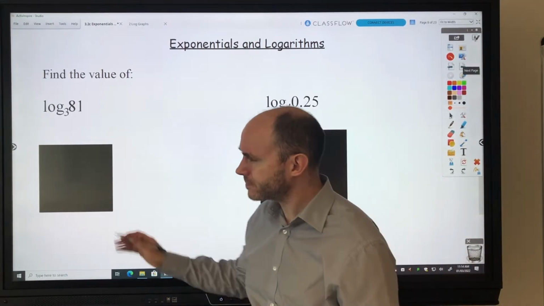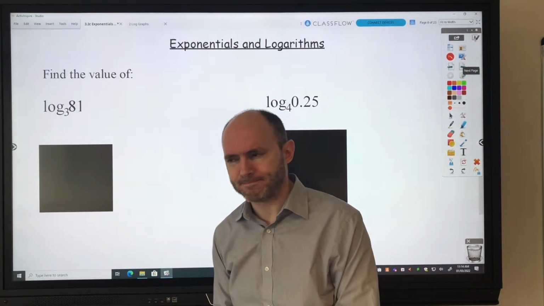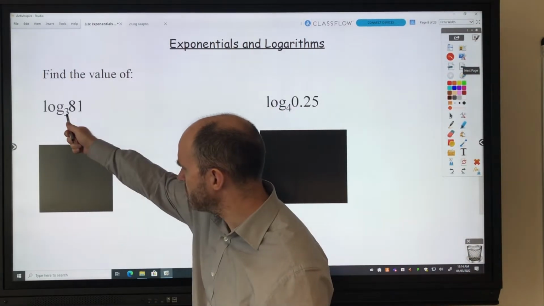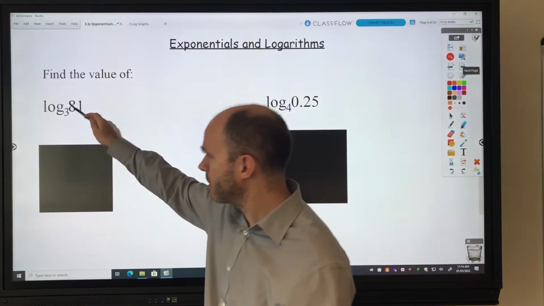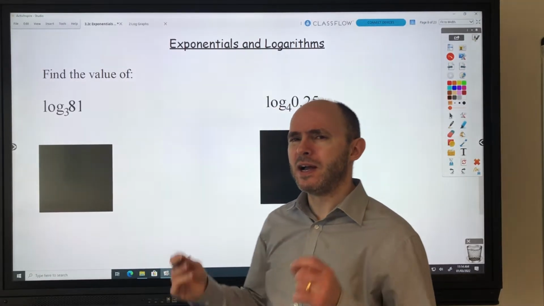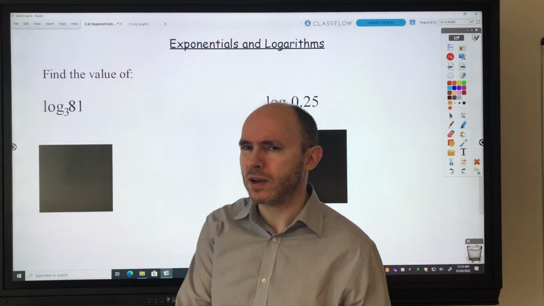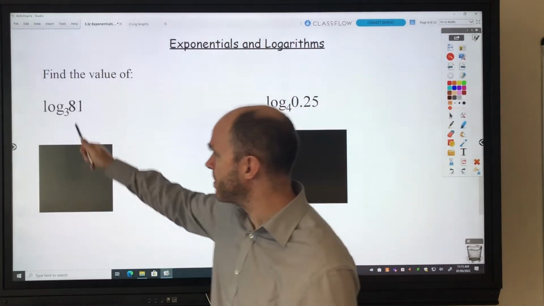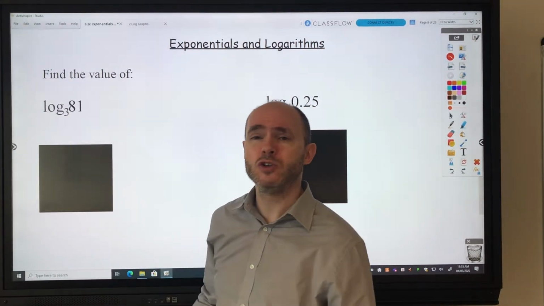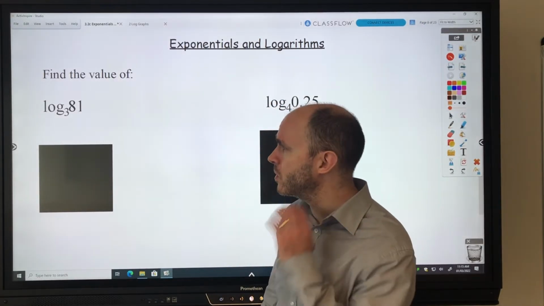Right, next up, how do we do these? At some point you might solve an equation and get that as an answer, and you want to work out what that is, log base 3 of 81. Now, as I've just said, if you've got a calculator that allows you to just type this in, then great, you can do that. You just type in log base 3 of 81 and you should get your answer. But what if you can't do that?